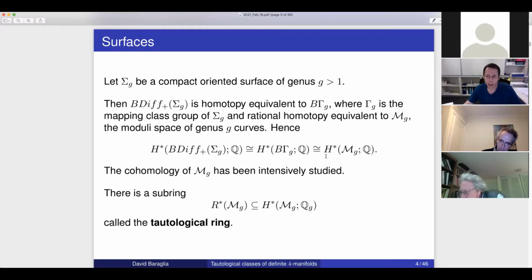A lot is known about it, but a lot is not known about it. And so people focus on a subring of this cohomology called the tautological ring. When we look at tautological classes, it's going to be a generalization of this tautological ring for surfaces.